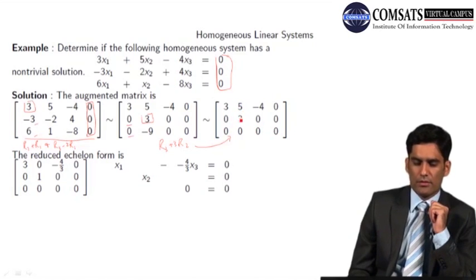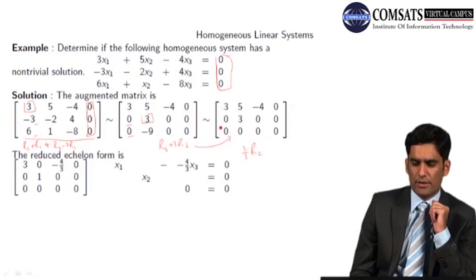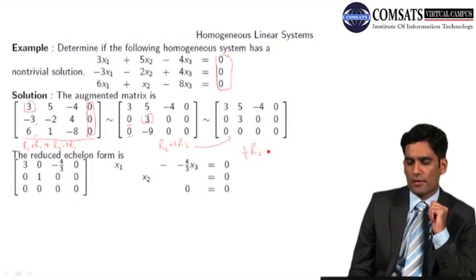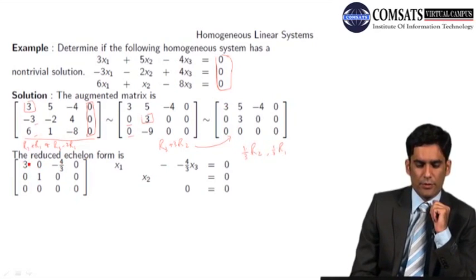So I will first make the row operation such that the pivot elements are 1. The first row operation is 1 by 3 R2. Similarly, the second row operation is 1 by 3 R1, and I have this reduced echelon form.